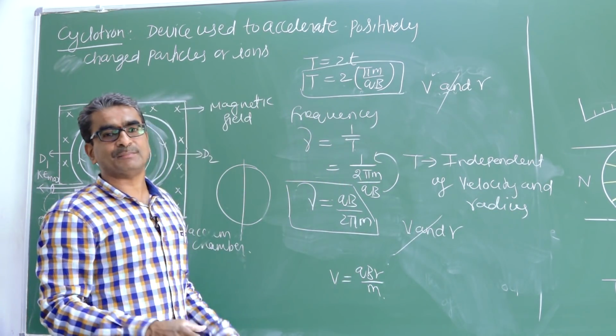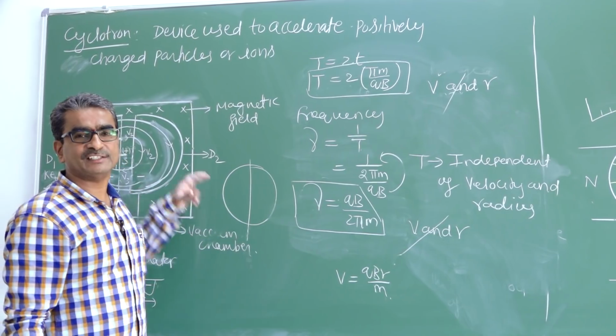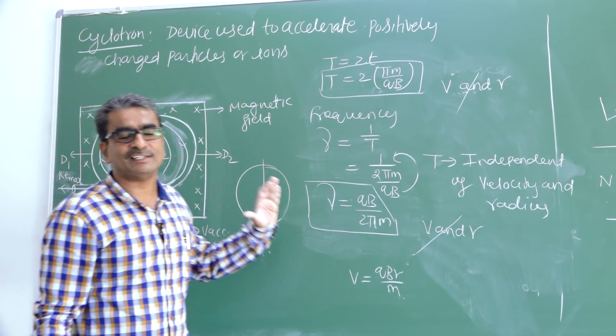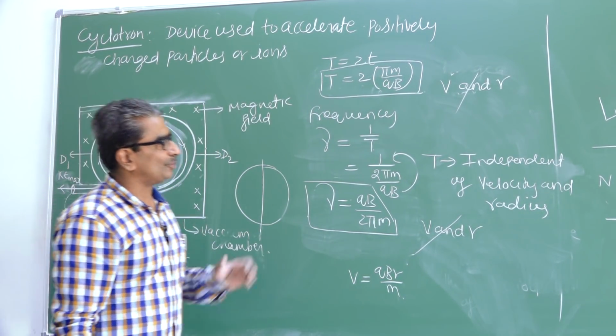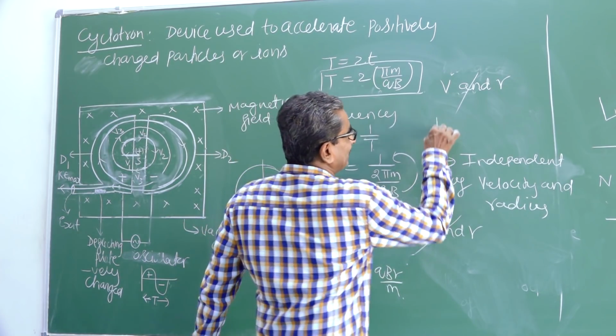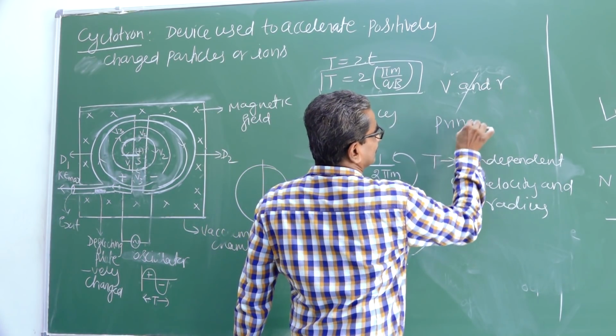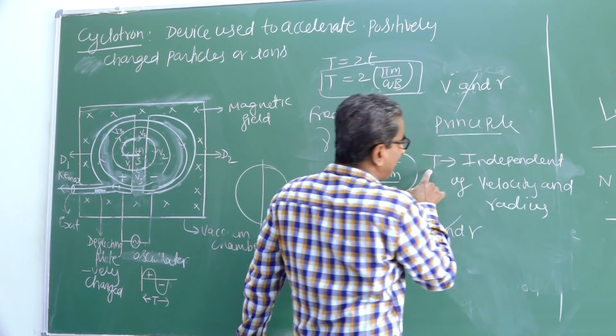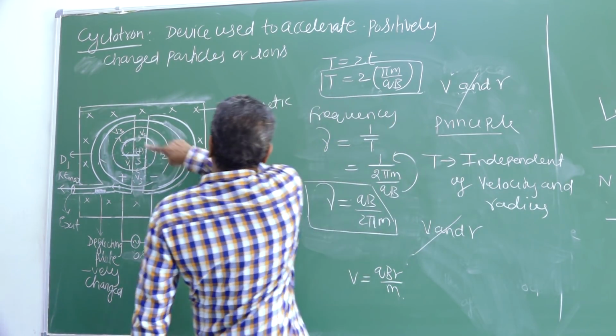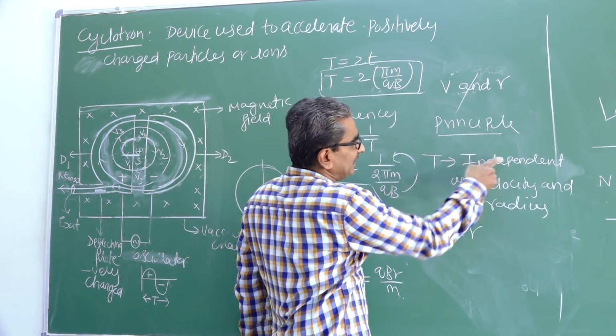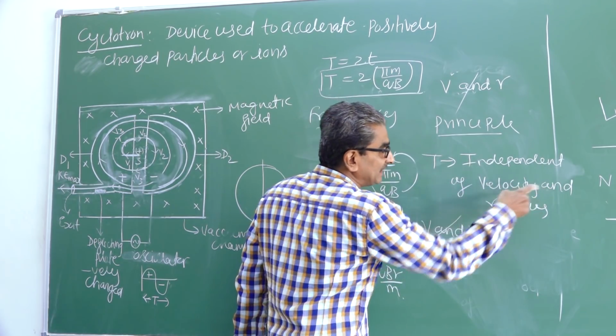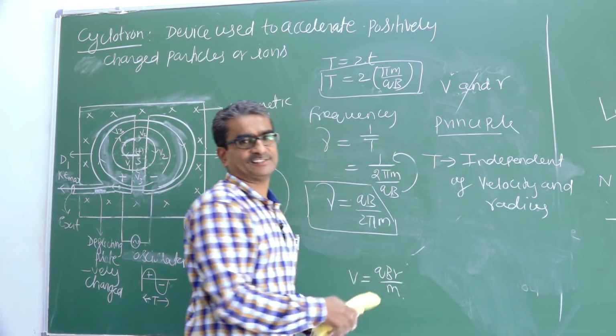This is the principle that is made use of in the cyclotron to accelerate the charged particle. So what is the principle? The principle of the cyclotron is that the time period, the time taken to complete one circular path, is independent of velocity and radius.